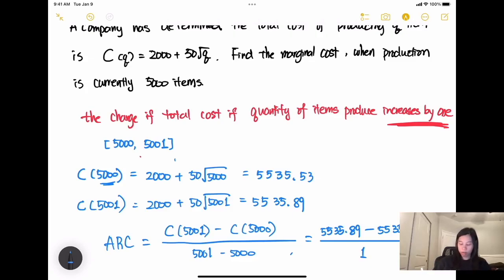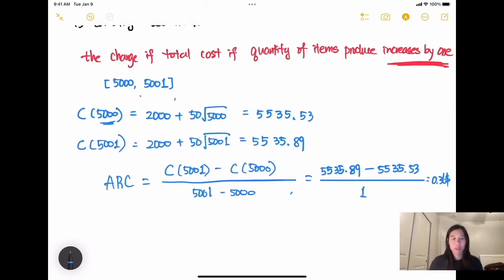So this is equal to 36 cents. So the marginal cost would be 36 cents. So this is the marginal cost.